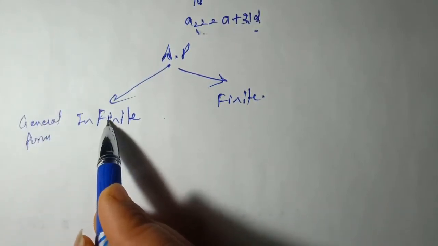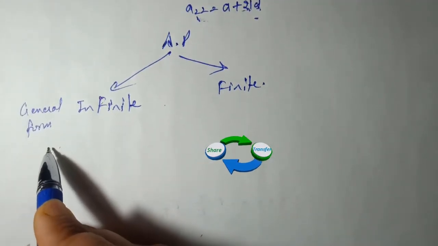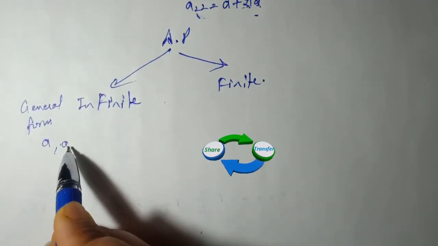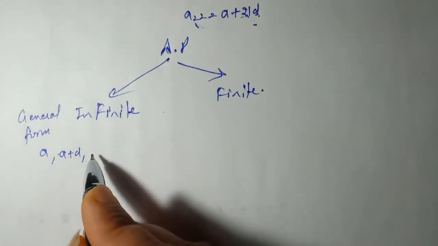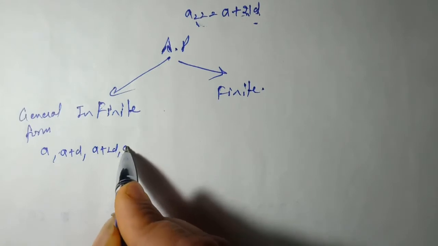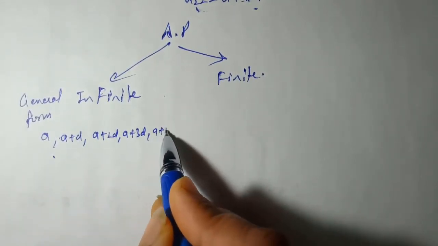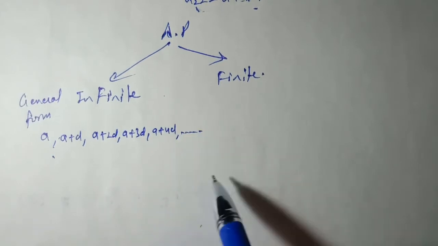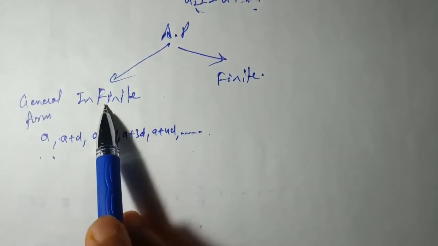For infinite, whose last term is unknown, we don't know its last term. So it will be a, a plus d, a plus 2d, a plus 3d, a plus 4d, and so on. This series is called infinite AP.